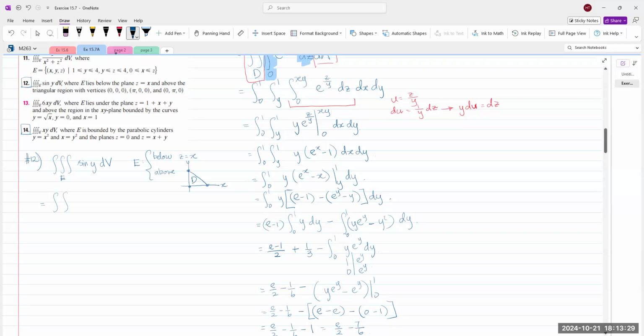Double integral over D, and this is from 0 to x of sine y dz dy dx, where x is from 0 to 1 and y will be from 0 to 1 minus x.